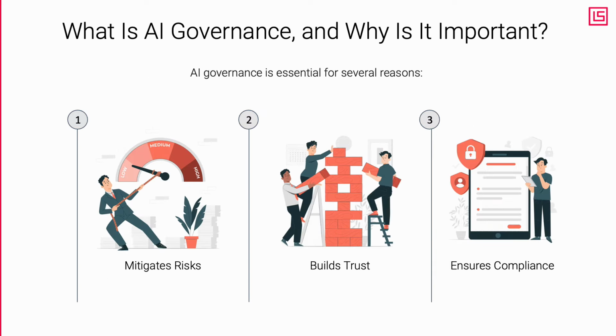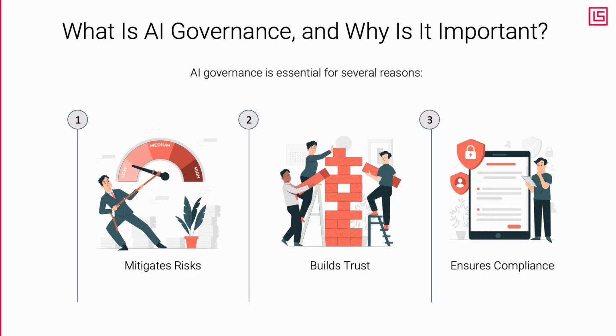AI governance is essential for several reasons. Governance helps identify and mitigate risks related to bias, data privacy, and security, reducing the likelihood of unintended consequences. Transparent governance frameworks ensure stakeholders, clients, and users trust the CoE's AI applications.